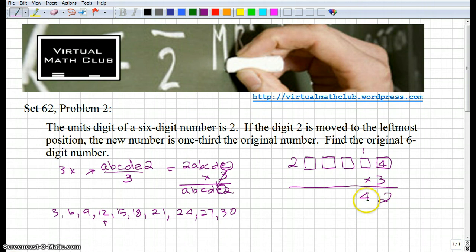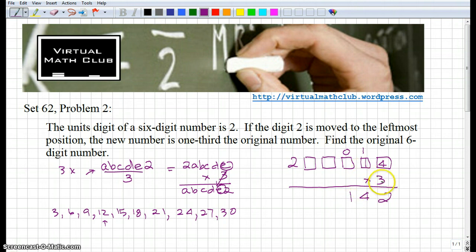So I want something with a 3 in the units digit, so 3 is our best bet. So 1 times 3 plus 1 gives us 4, and we carry nothing. Oops, that looks like a 6, but that's supposed to be a 0. I can erase that and redo it. 0. And then that means that this has to be a 1.